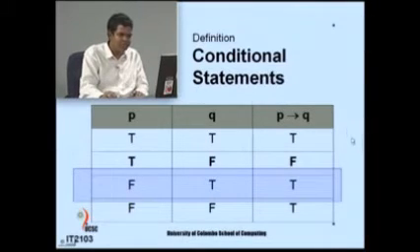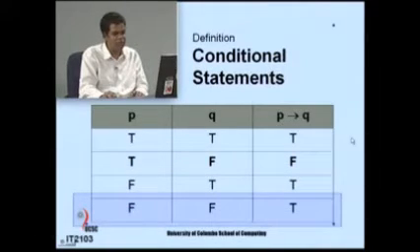So, the last two rows in the truth table are true. If P is false, then the entire statement is always true. If P is true, the entire statement is true only if Q is also true, and if Q is false, the entire statement is false.